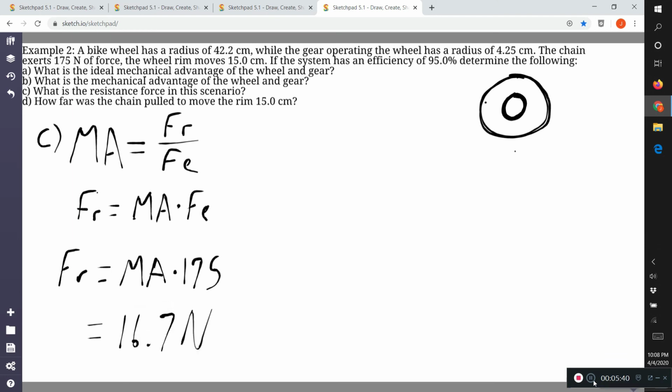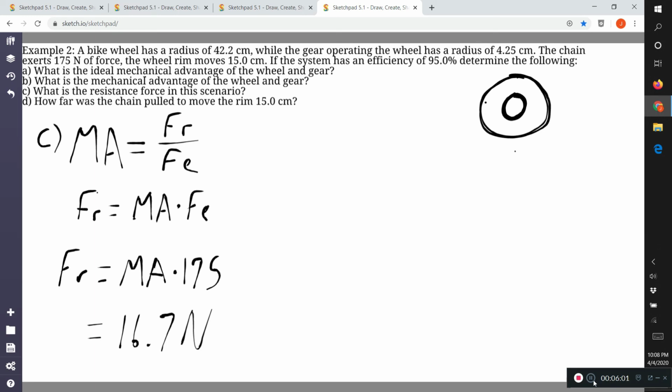And that makes sense. Our mechanical advantage in this situation is 0.0957. It means that the amount of effort we put in is going to be severely reduced. So we're going to put in 175 newtons and we're only going to get 16.7 out.